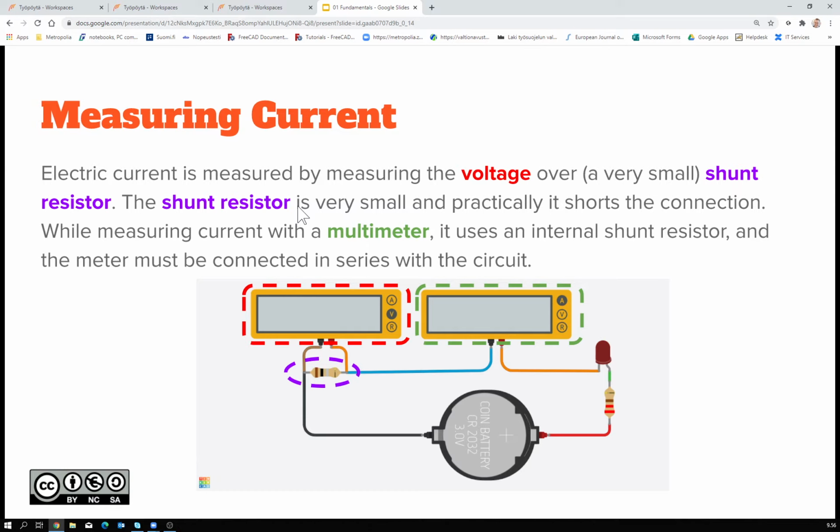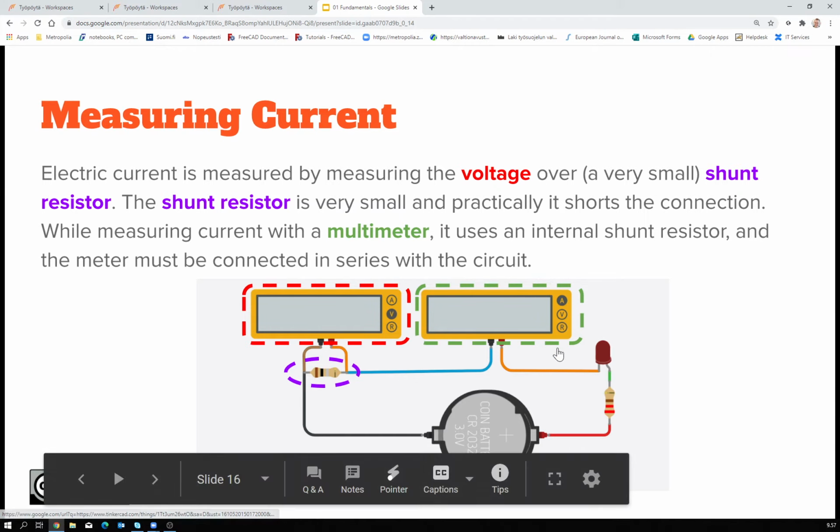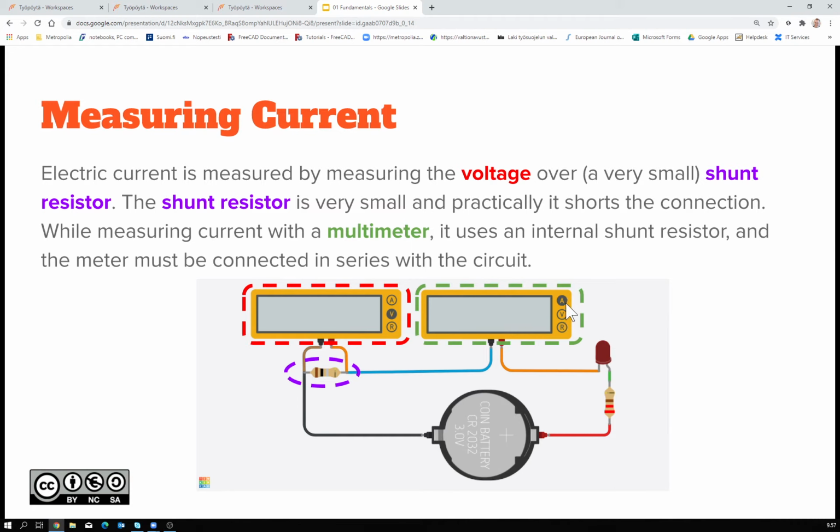On the left-hand side, the green box is when it's measuring the amperage, or current, and here it's on voltage.